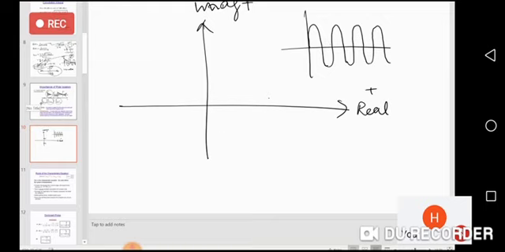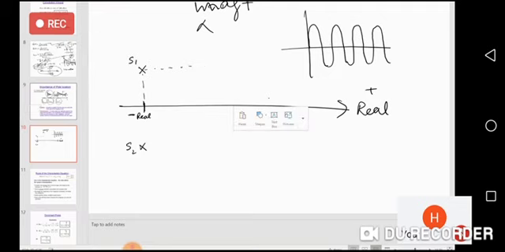Rather, they are in the complex plane. अगर S1 complex plane के अंदर है, S1 and S2, तो इसका मतलब है कि दोनों poles का एक negative real part है और दोनों poles का हमारे पास imaginary part, imaginary component भी मौजूद है. ठीक है.